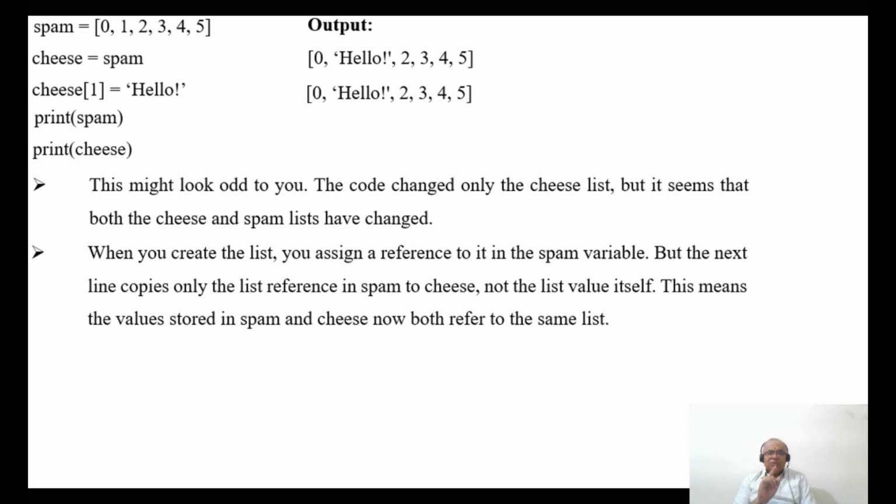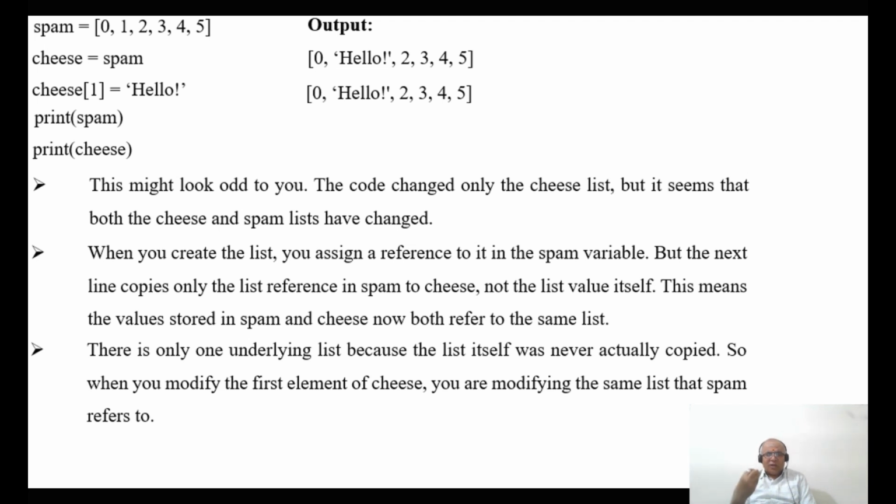This means the values stored in spam and cheese now refer to the same list. There is only one underlying list, because the list itself was never actually copied. So when you modify the first element of cheese, you are modifying the same list that spam refers to. Therefore, both values change once you change the cheese list, so automatically spam is also changed.